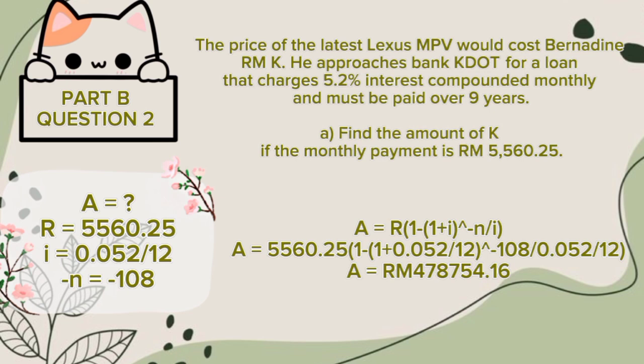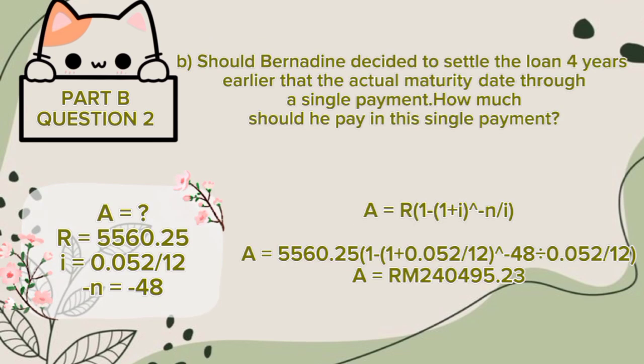For this question, we use the annuity formula, which is present value. With the formula given, put the amount into it and then calculate the answer. The final answer will be RM478,754.16.